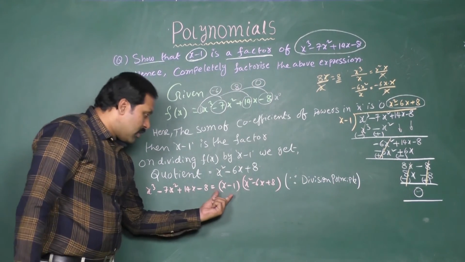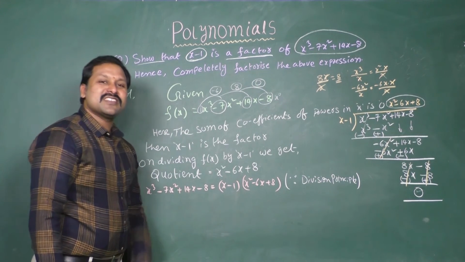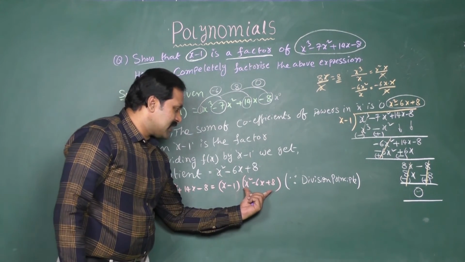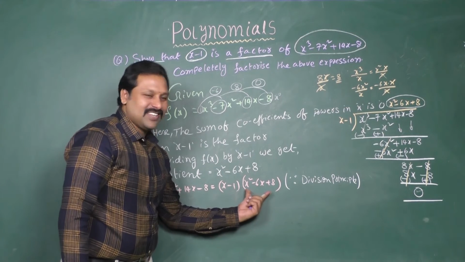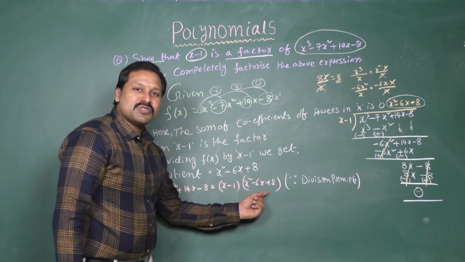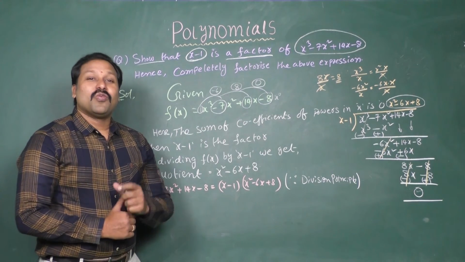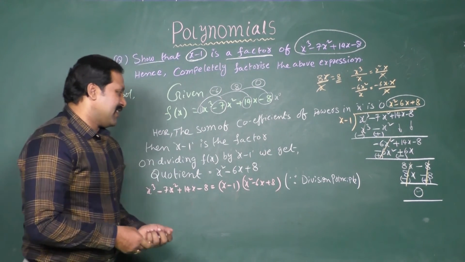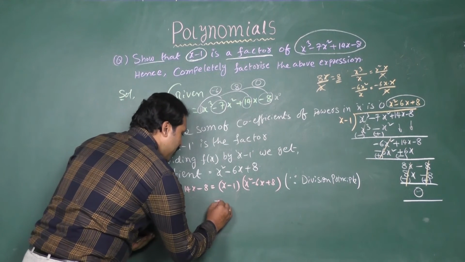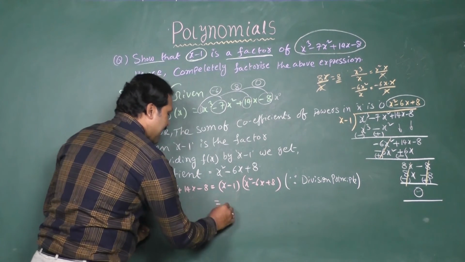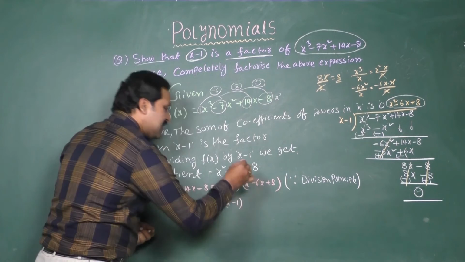Now we already got one factor, that is x minus 1. Now let us simplify this quadratic expression by using middle term splitting, and otherwise you can use one more shortcut method. I will tell you. So write down equal to as it is, x minus 1 as it is.